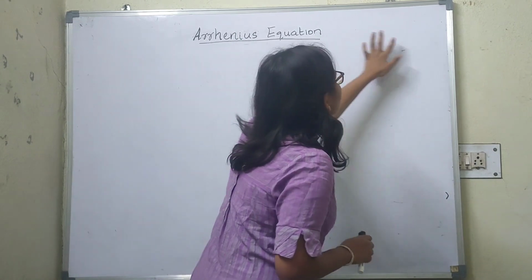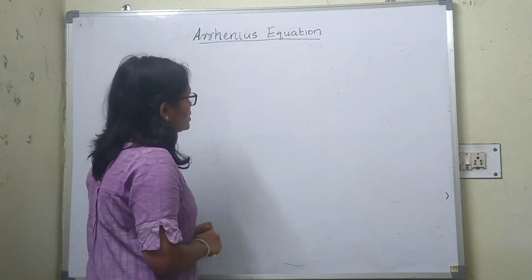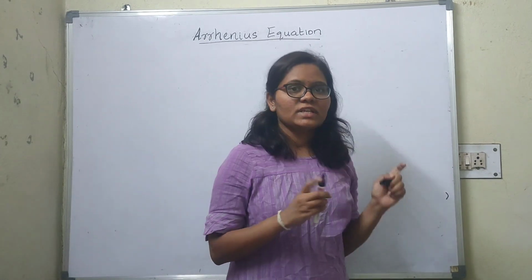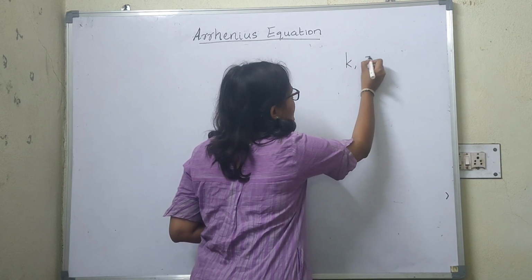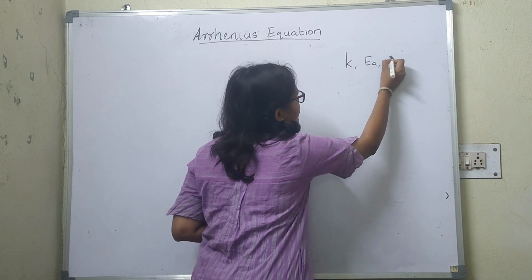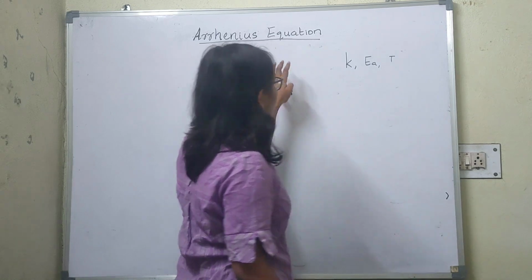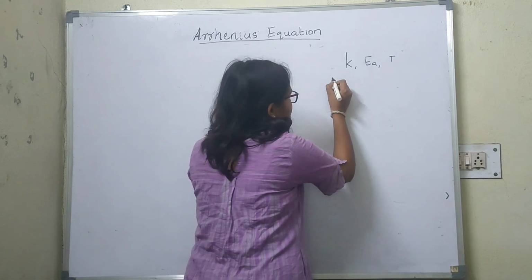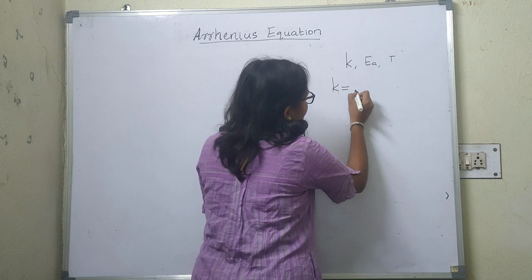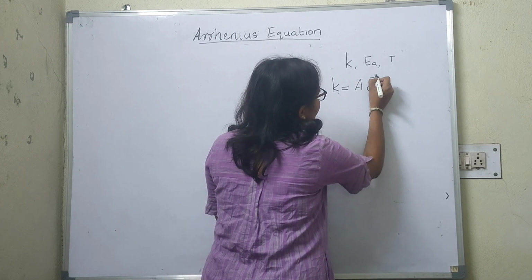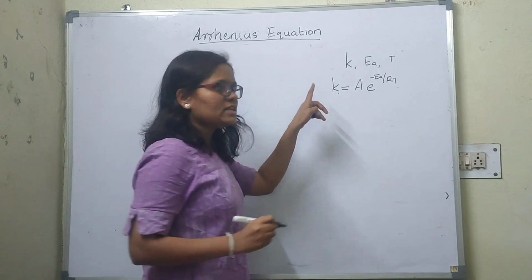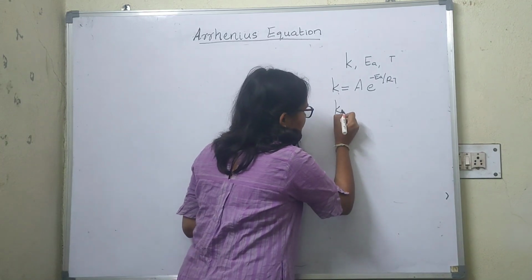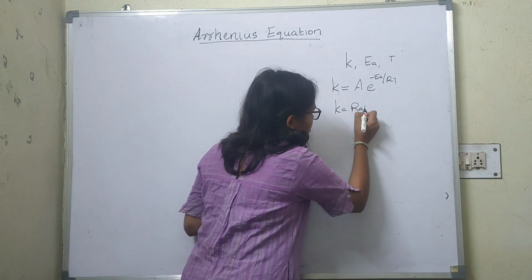Okay, so let's begin. We know that the Arrhenius equation gives us a relationship between rate constant, activation energy and temperature of a reaction. This equation is given as k = A e^(-Ea/RT). Here k is the rate constant.